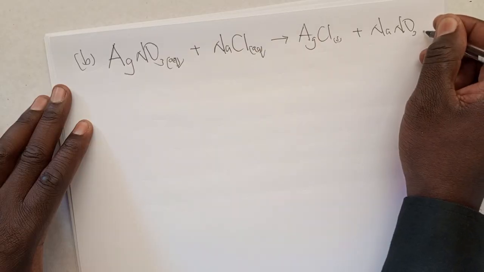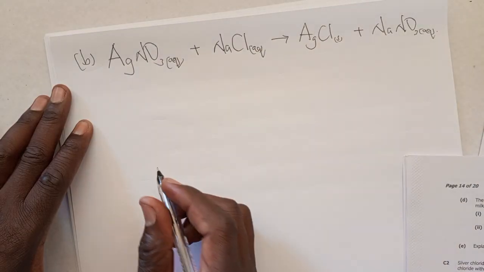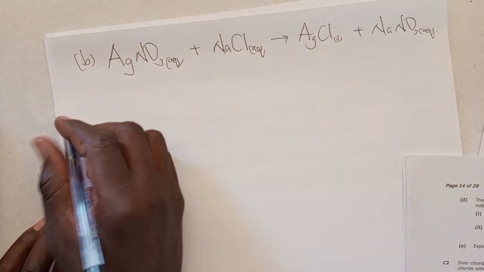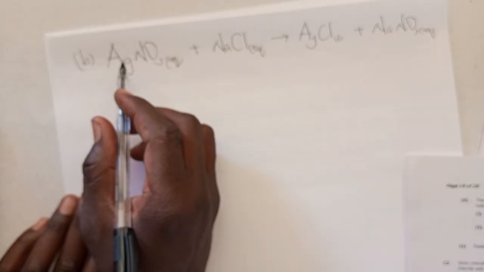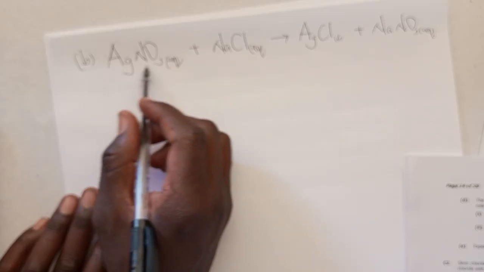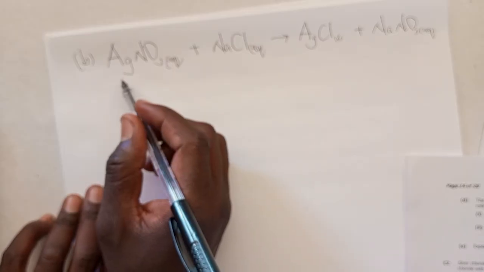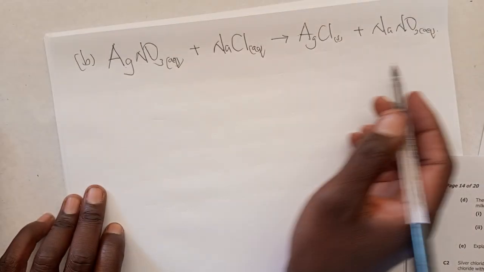Now we are told to write this as an ionic equation and derive the net ionic equation with state symbols. So remember, when you are writing ionic equations, you break these because these are ionic compounds. So you are going to write these ions as single entities, okay?